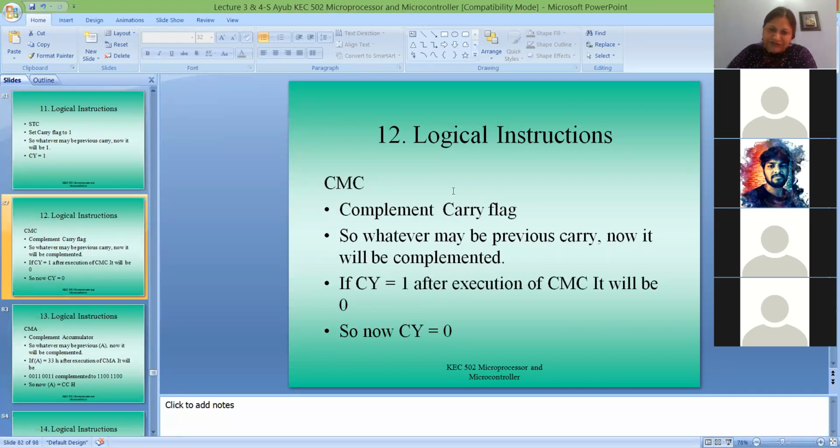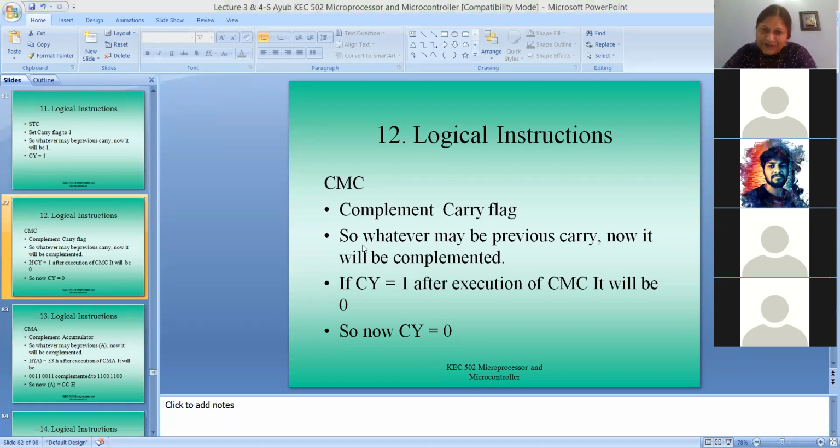Now next logical instruction, CMC. CMC stands for complementing, and what is it complementing? It is complementing the carry flag. So it is a bitwise operation complementing only the carry flag. Whatever may be your previous carry, that will be complemented. Complemented means inverted.